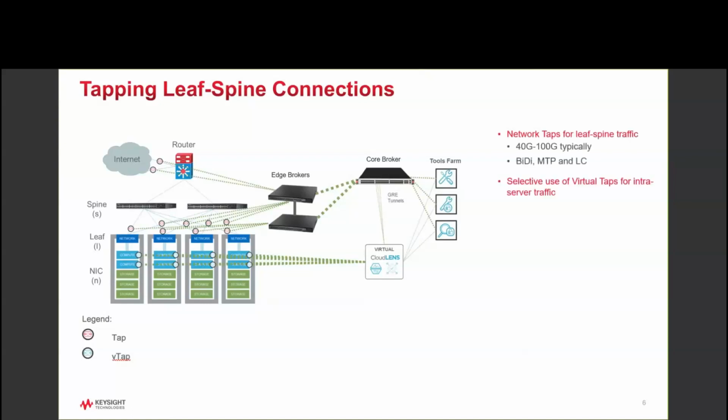Depending on your segmentation, selectively using VTAPs, virtual taps, in those servers within those hypervisors to tap off specific VMs, usually your most critical applications and virtual machines within those hypervisors, can be tapped off to get 100% of that east-west traffic within those hypervisors.